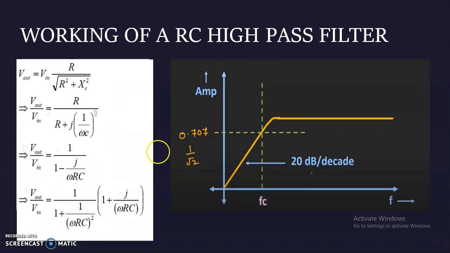Now to get the phase angle, we have to express this in complex form. So writing it in complex form, we get this, and on rationalizing the denominator, we get it in this form. So if we try to find the angle of this part, we can say this is a real coefficient, right?